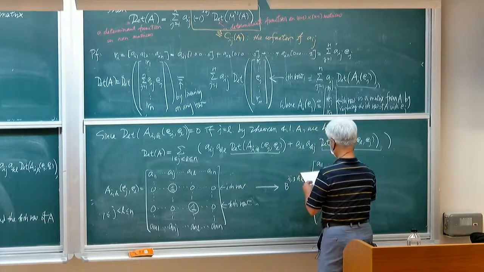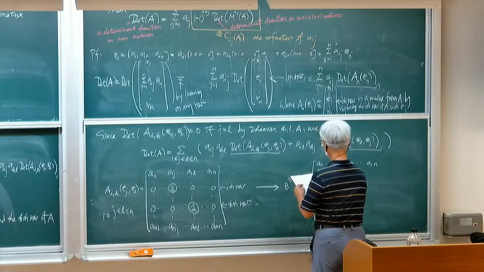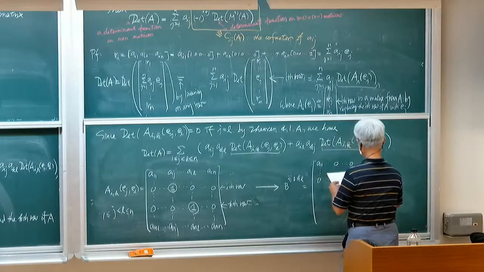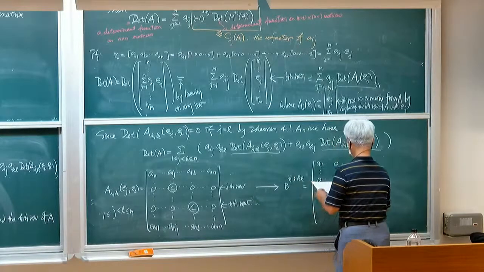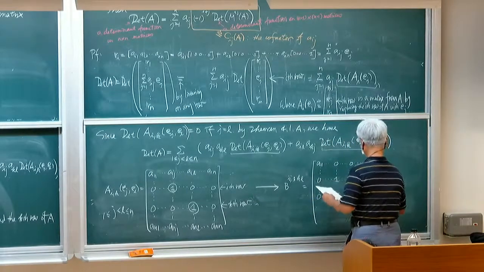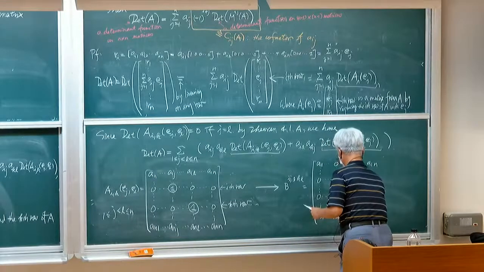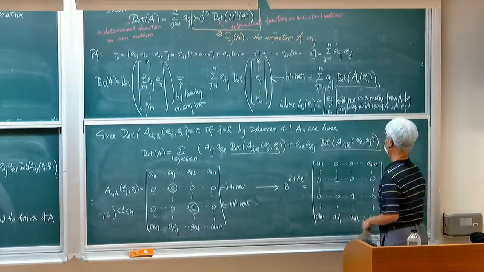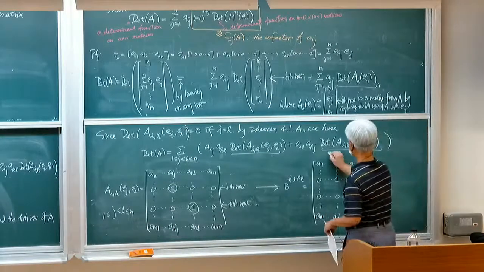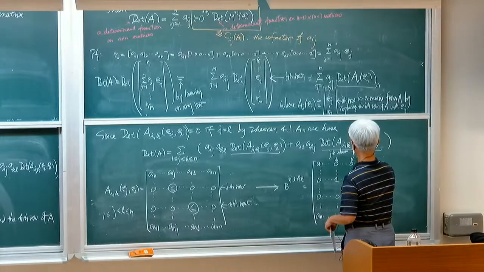This is 0, 0, A_1N, 0, 1, 0, 0, 0, 0, 1, 0, A_N1, A_NJ, A_NL, A_NN. Okay. So here, this is the J's column. This is the L's column.